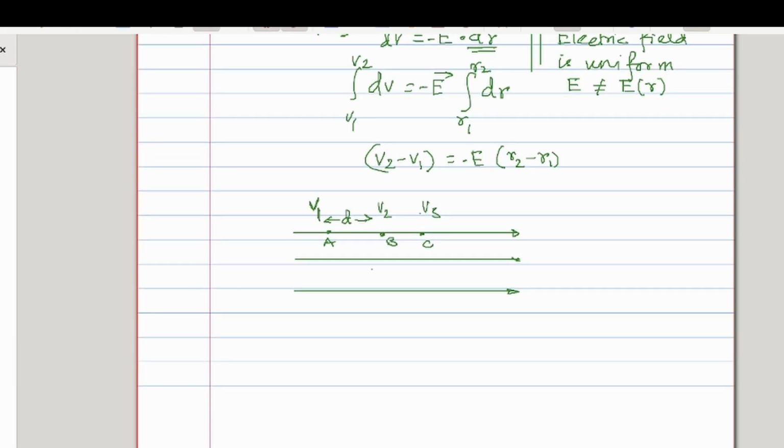Okay, then V2 minus V1 is equals to, sorry, V1 minus V2. There should be a potential drop in the direction of electric field. Okay, V1 minus V2 is equals to E into d. Similarly, V2 minus V3 equals to also E d.